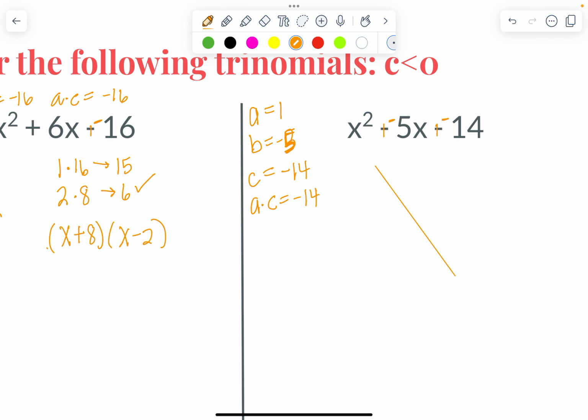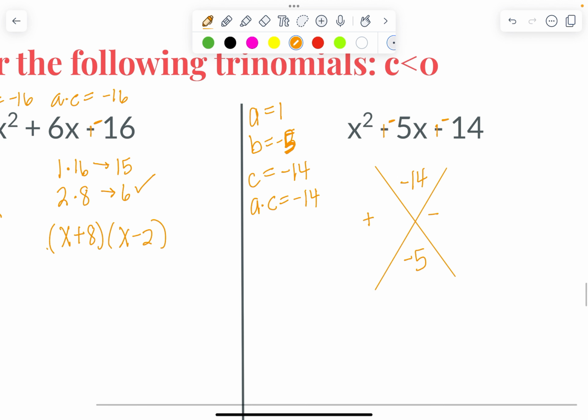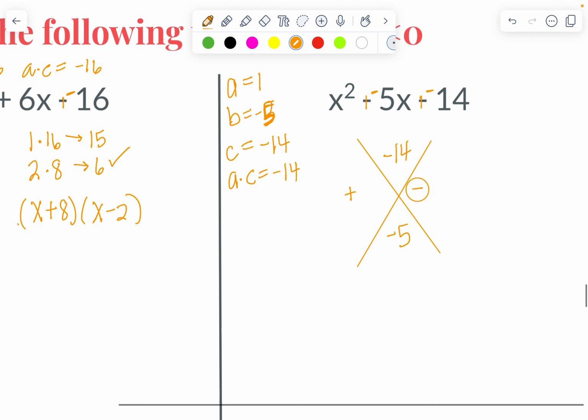So here, when I put them into my X or my diamond, I have a negative number on top and a negative number on the bottom. So we're still going to have one positive and one negative, but in this case, my negative is going to be my bigger number. So now that I have those worked out, I can look for two numbers that are going to multiply to give me 14, but subtract to give me 5.